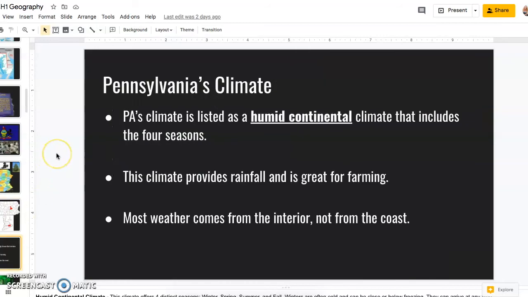Let's keep going. Pennsylvania's climate, again, is going to be obvious to you guys, is listed as a humid continental climate that includes the 4 seasons. Okay, some of you guys are like, duh. Well, you know, it's different in all places. Like you go up to Alaska, you go to the Gobi Desert, you go to, let's say, South Africa, you go to some of the tropics along the equator. It's going to be way different.